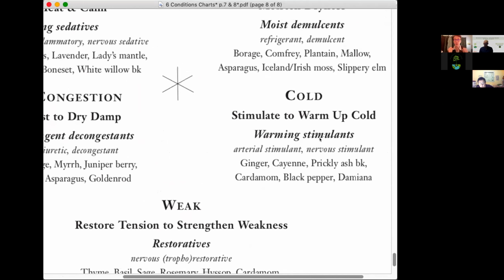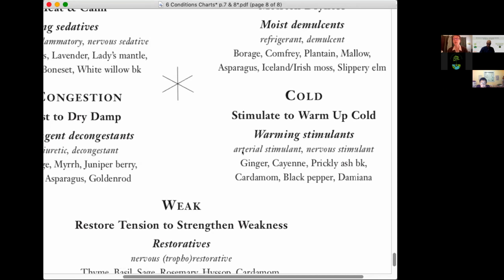We're pushing the body to act more strongly. So we differentiate restoratives to the nervous system, also called nervous tonics, from nervous stimulants, right?